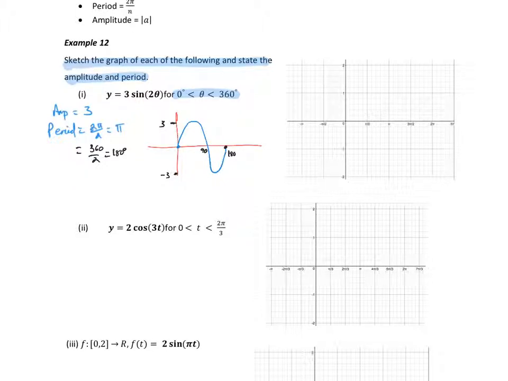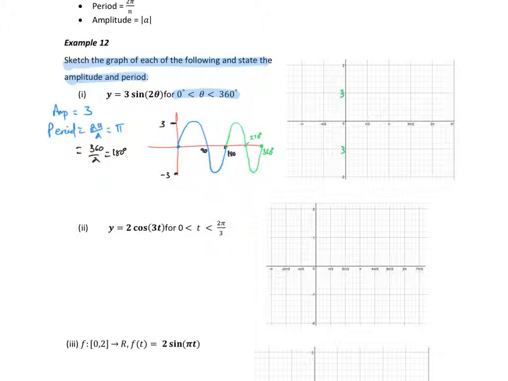I now need to do another cycle, and that also takes 180 degrees. So that's 360 degrees there, which means that one there is 270. Without necessarily worrying about labeling my grid first, I can sketch the graph. Let's turn that into a 3 and that into a -3.